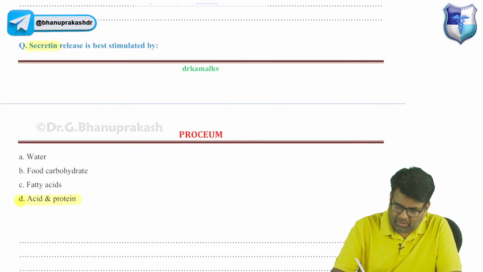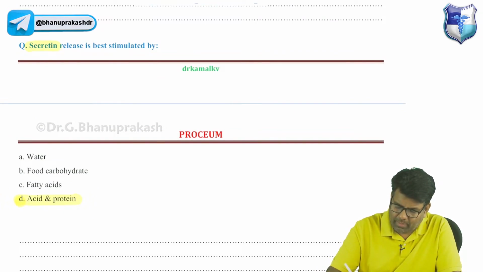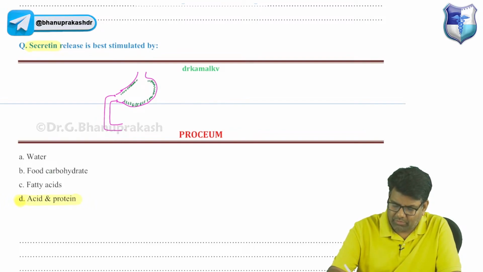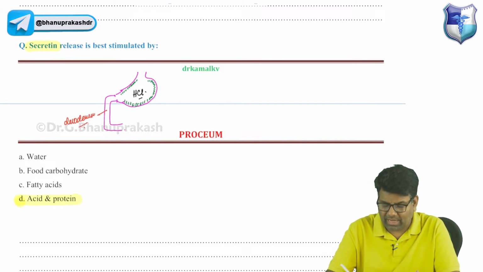Now what happens? Suppose stomach, then duodenum. The stomach is very well developed to tackle the acidic environment. So here we know that HCl is there, which is very acidic, but the duodenum doesn't have an inherent mechanism to tackle this acidic thing.